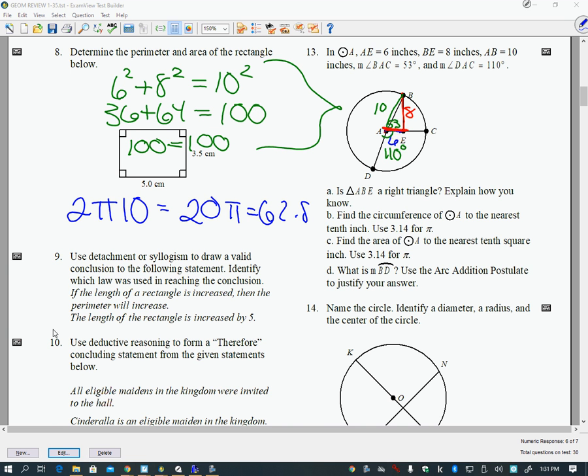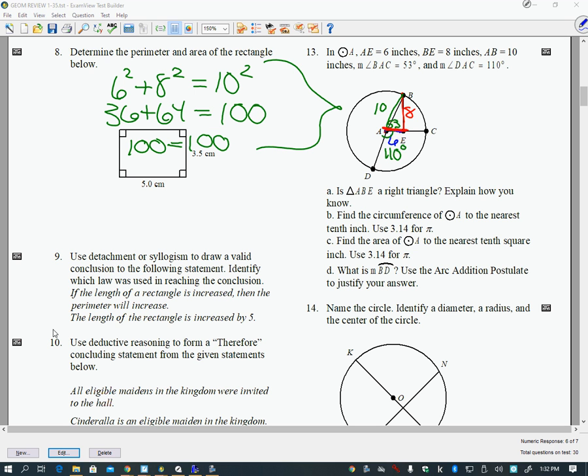Okay, so circumference for B, 62.8, and this is inches, right? Just inches, because we're talking about just a straight length. Okay? Do we understand that? Sometimes in these questions, it's knowing where to look. All right, C, find the area. Well, we already know the radius is what?